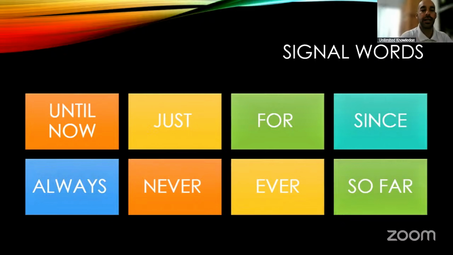We're going to use these kinds of signal words here. So until now, just, for, since, always, never, ever, which we're going to use for our questions, and so far.